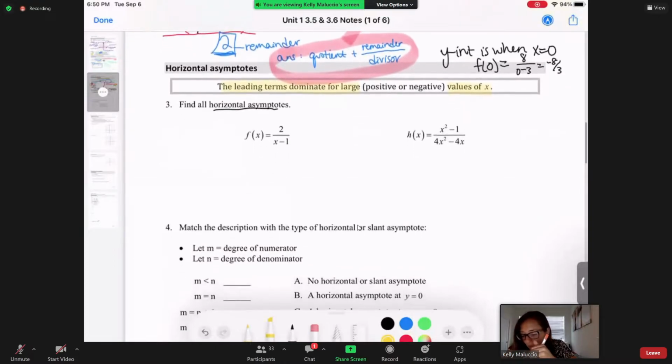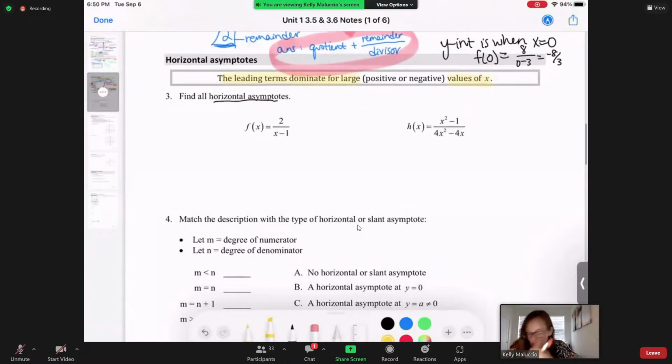So m was a little bigger than n. Now we're going to look at an example where, I want the pen, m is the degree of the numerator, and let's let n be the degree of the denominator.